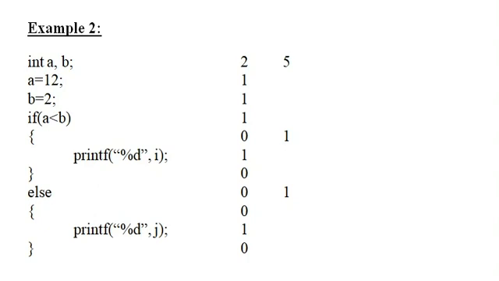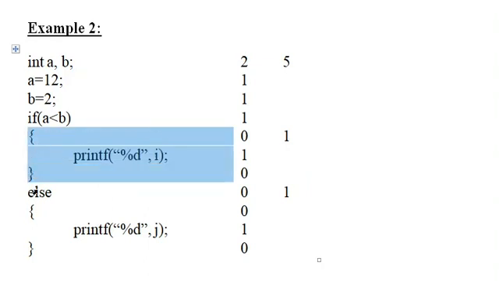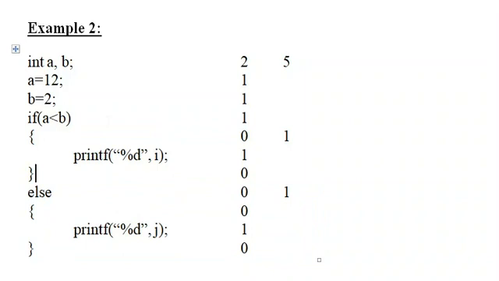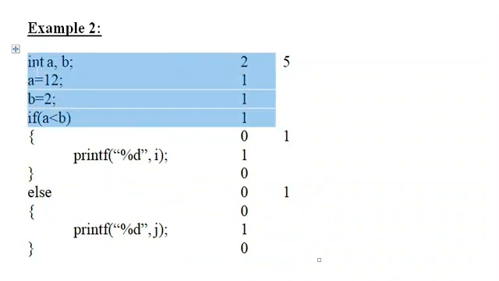Now, after the execution of this condition statement, either this part will be executed or this part will be executed. So the code up to the if condition is the common part.